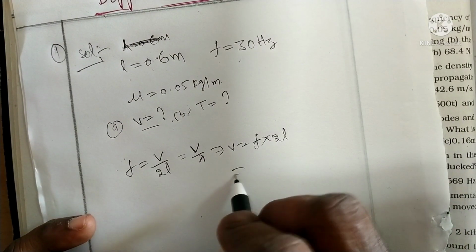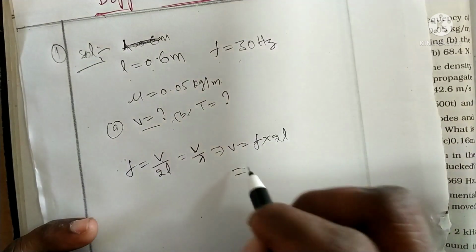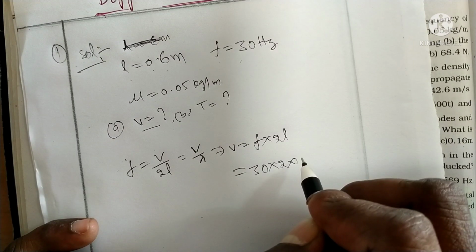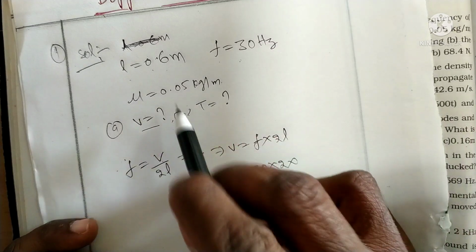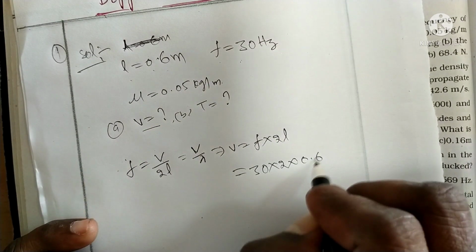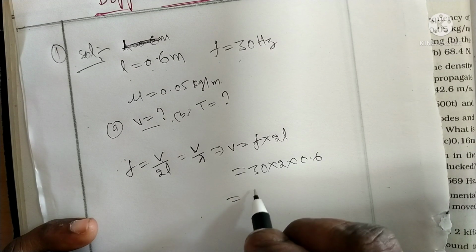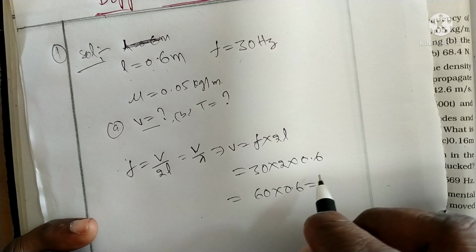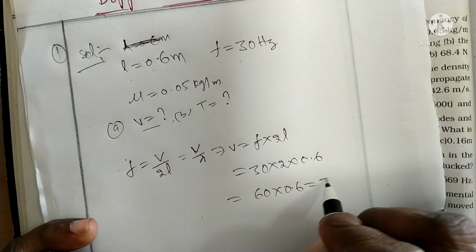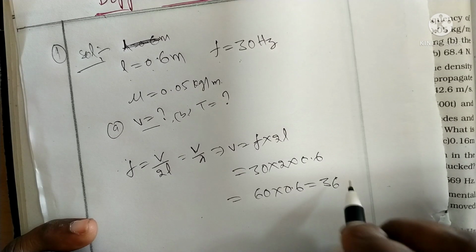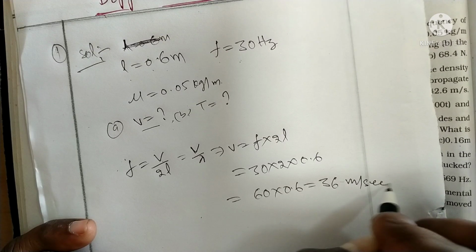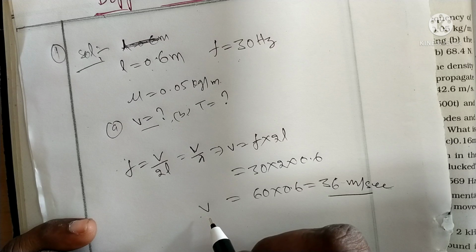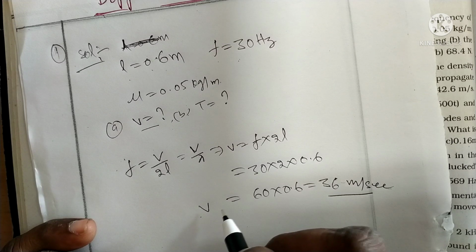F is the frequency given, 30, into 2 into L, which is 0.6. Here 30 into 2 into 0.6, we get 36 meter per second. This is the speed of propagation of the transverse wave in the string.